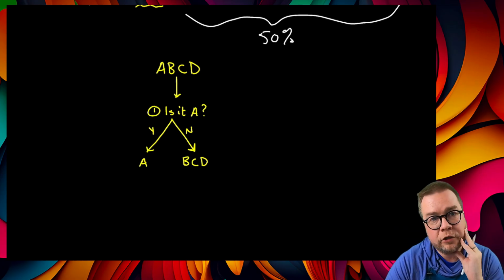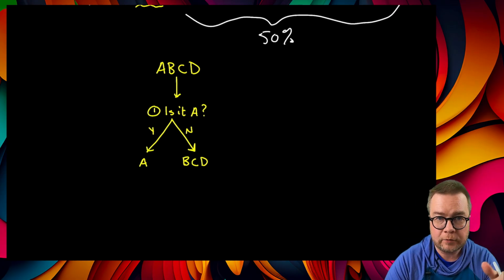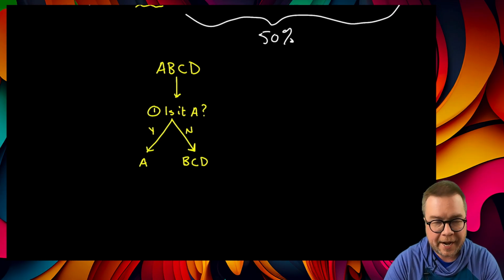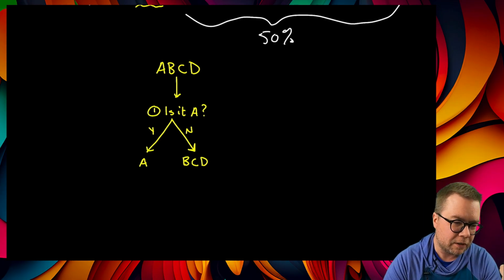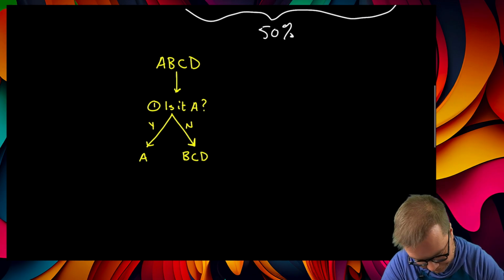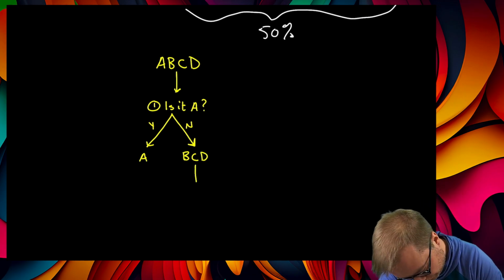And so what would I do if I wanted to guess the rest of them? Well, I do a similar process. I would start to ask yes or no questions, and I can ask them in a very clever way so that I can minimize the number of questions I have to ask. And so the next question I could ask is right here, question number 2, is it B?